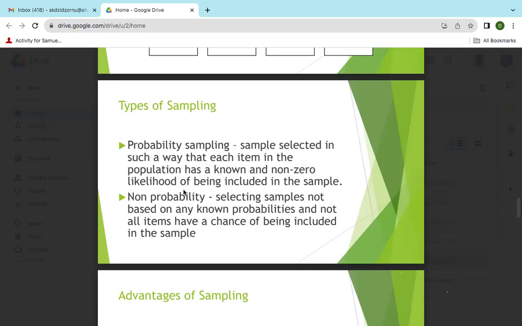Whereas for non-probability sampling, we're interested in just meeting a defined quota for a sample without recourse to ensuring that every member of the population was given an equal chance. And when we look at the various types underneath these two broad categories, you will get the chance to appreciate them in a much more empirical sense.